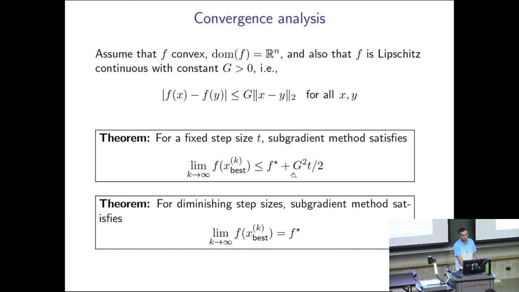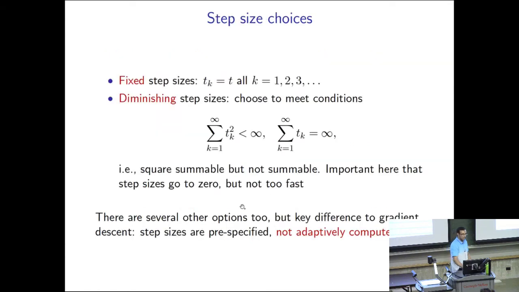Okay, and this is positive because with this fixed step size, t is something strictly positive. So with a fixed step size, all we can say is that we're suboptimal by a certain amount, g squared times t over 2.